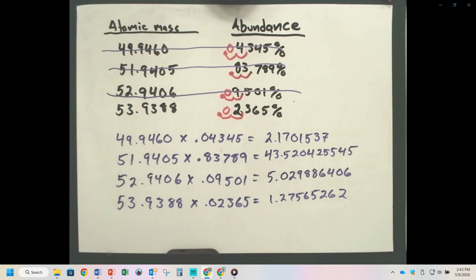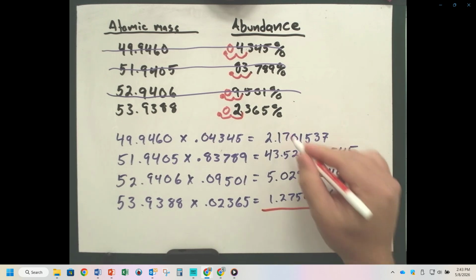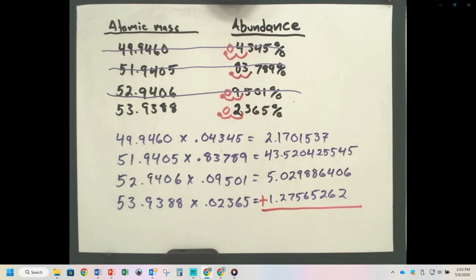Okay? Now, I'm going to add these up. That is our next step, is to take all of these numbers and add them together. So we're just going to add them up.